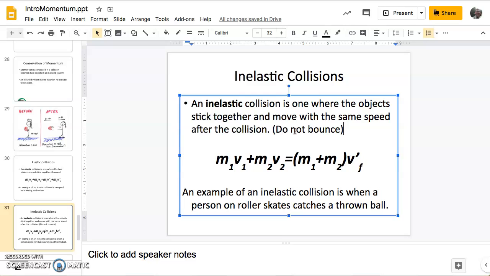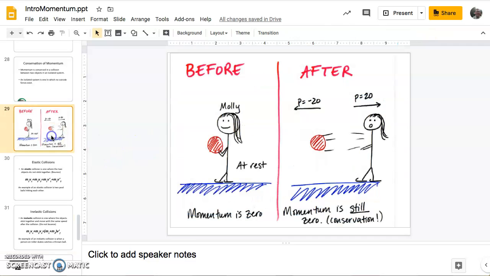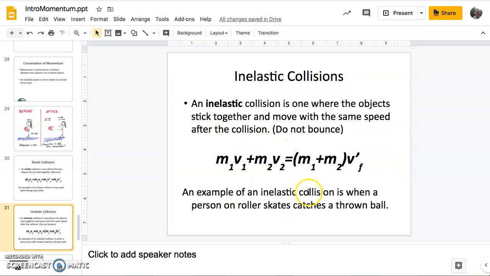And you can have the reverse of an elastic collision, like, if we get back here, this would be the inverse of an elastic collision in that here, these two objects are stuck together, and here they are not. So we can flip this around if we should need to, okay?